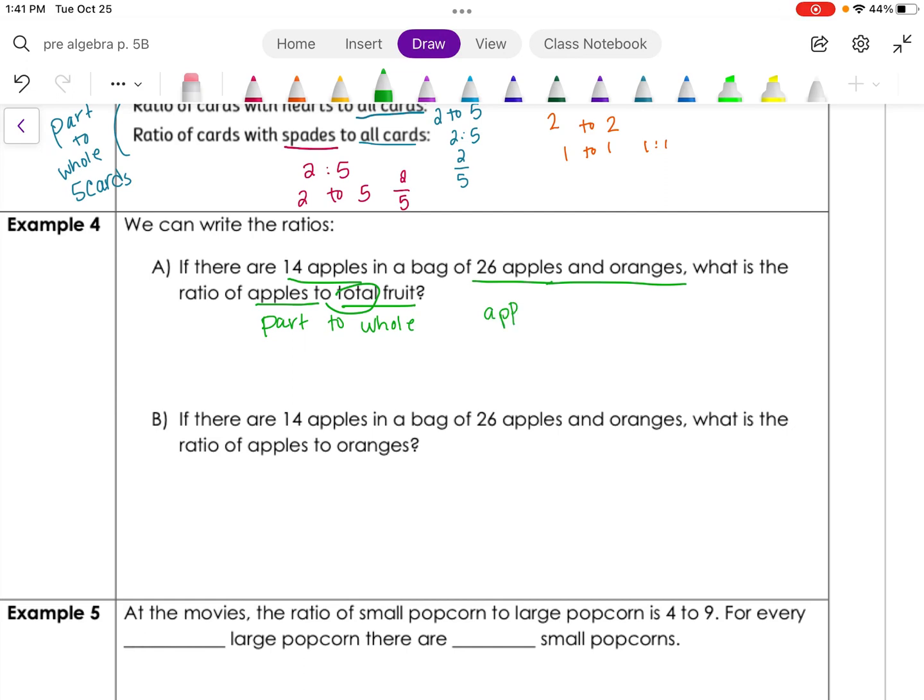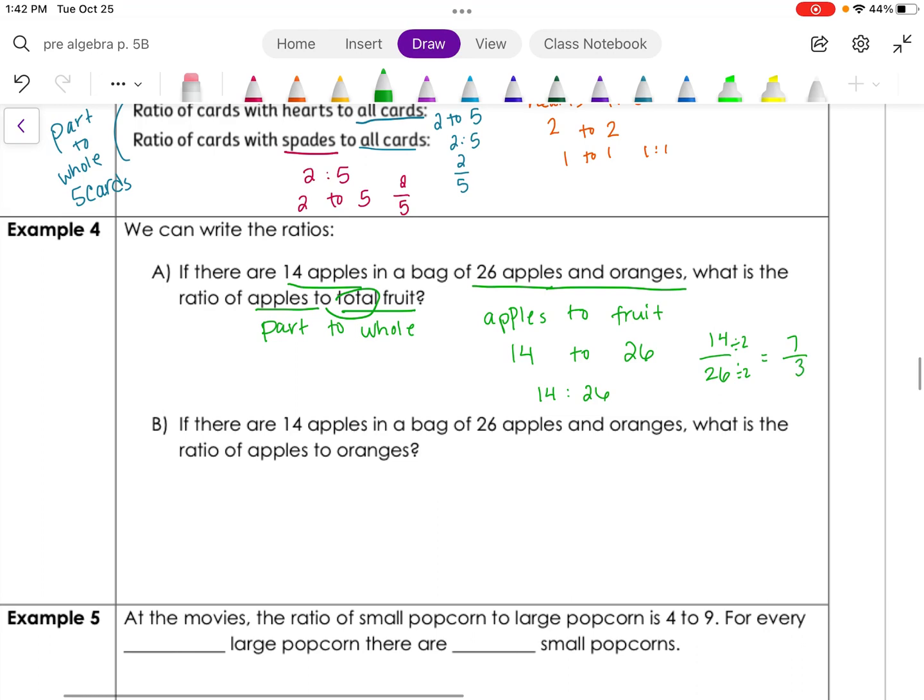Well, there are 14 apples to 26 apples and oranges. So our ratio would be 14-to-26. Then since this is a part to whole, we could also write it as the fraction 14/26. We could also simplify this, because 2 goes into both of these, so we could write this as 7-to-13 as our ratio.